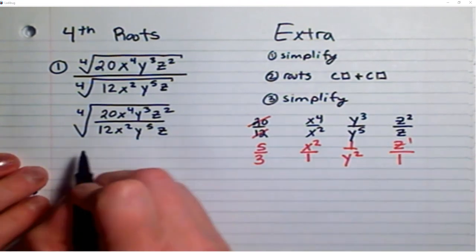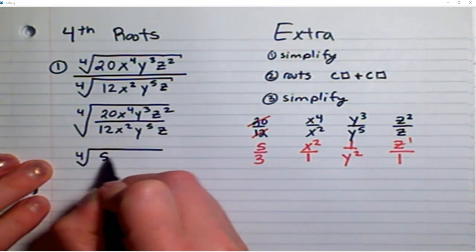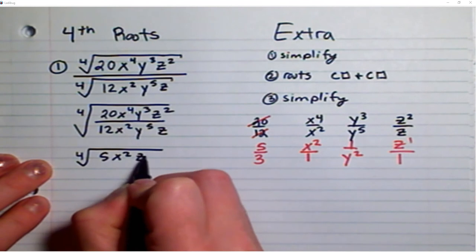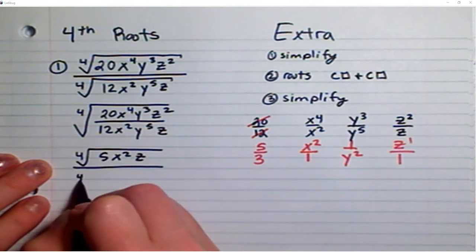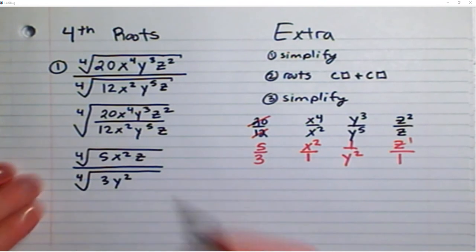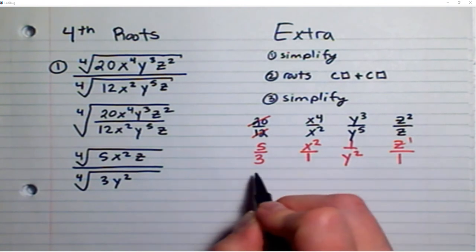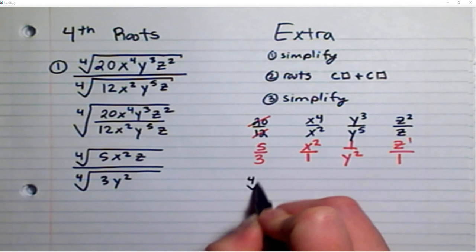All right, so I'm just going to go ahead and split this up. 5x squared z in the numerator, and 3y squared in the denominator. Okay, so now I'm going to do my rationalizing work.